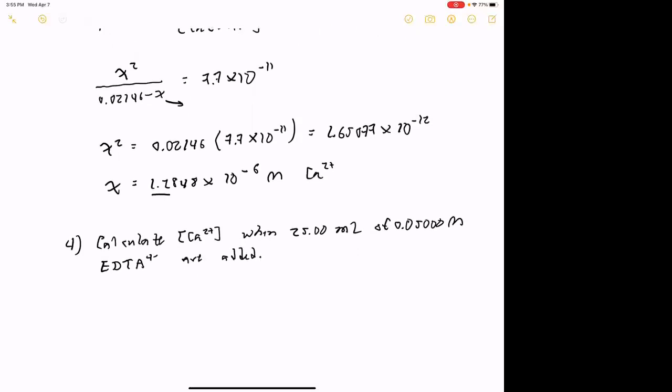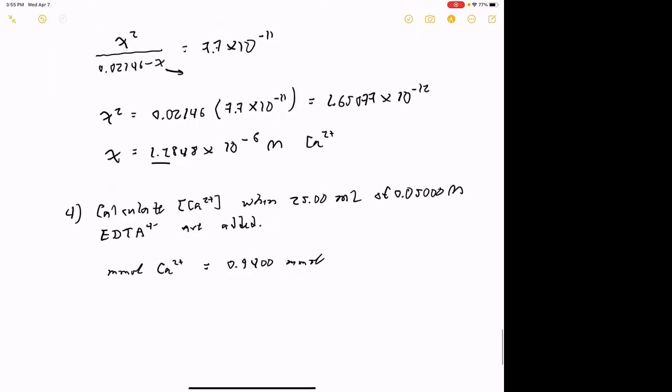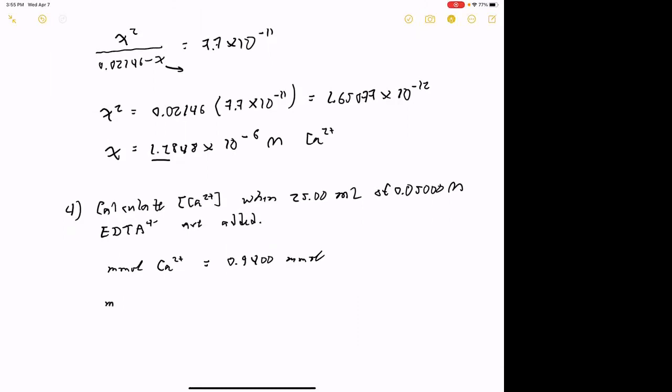So let's again assess our millimoles of things so we can see where we are. The millimoles of the calcium, remember, never changes. That's a fixed quantity, so that was the 0.94. Once you calculate that once, you've got it for the whole problem. But now we have to recalculate the millimoles of EDTA, because that does change as we add more and more of it to the solution.